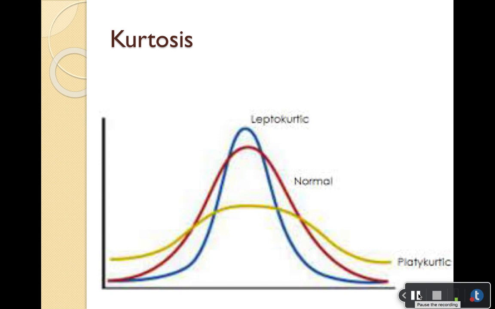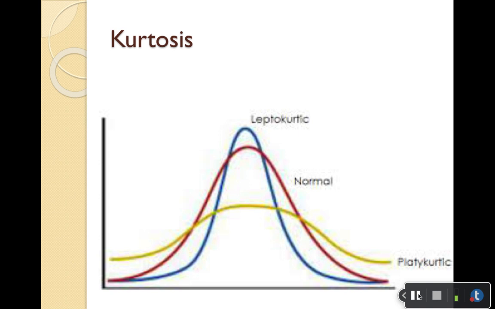A second factor that might affect how our normal curve looks is this idea of kurtosis. So kurtosis refers to the shape of the distribution in terms of its height or flatness. So you can see a couple of examples here of how that shape of the curve might change as well. That yellow curve there you can see is much flatter, and it's pushing the tails out and making a flatter curve versus the blue curve that's really high.